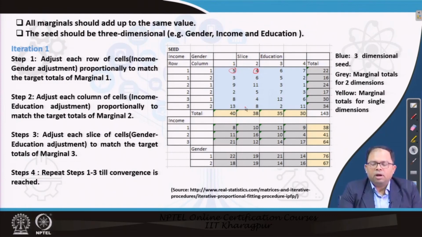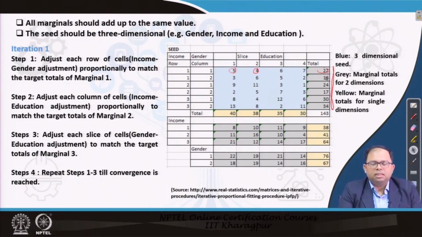And then we have control totals. We have three two-dimensional controls. That means for row 1 and column 1, that is income level 1 and gender level 1, this is the first control. All the grays are two-dimensional controls. This first marginal is for rows and columns, like income and gender.